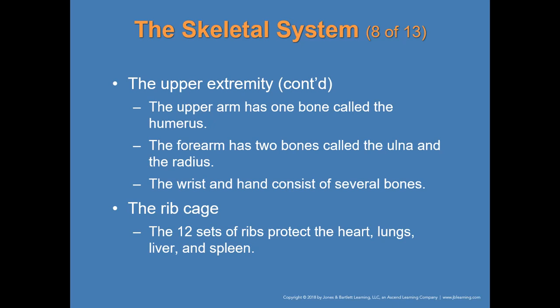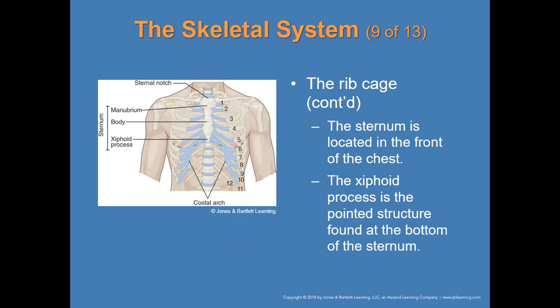You got 12 sets of ribs that protect the heart, lungs, liver, and spleen, and here you can see them. Along with the rib cage, you also see the sternum and the manubrium, the body of the sternum, the xiphoid process, and the sternal notch. The sternal notch is that little spot at the base of your neck where your clavicles come together.